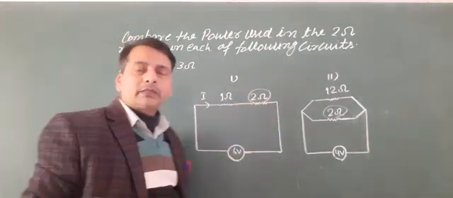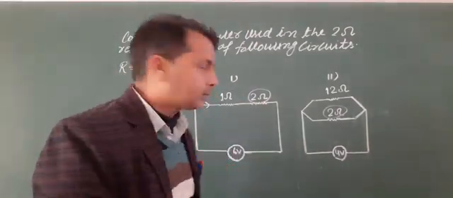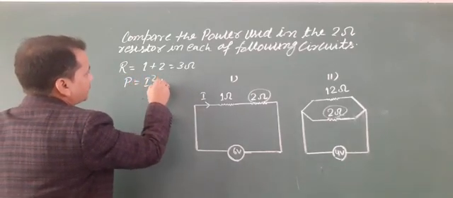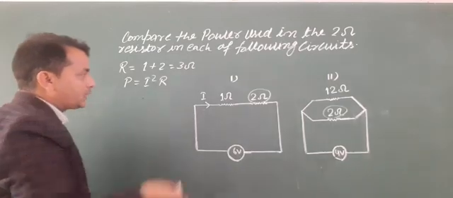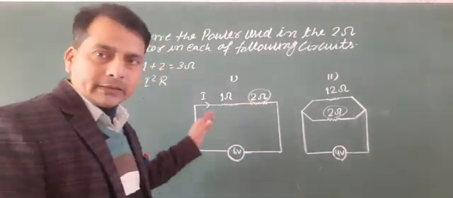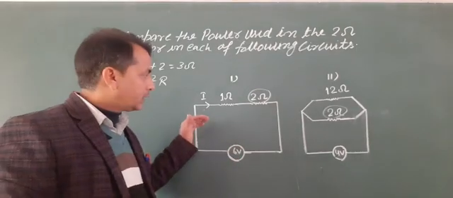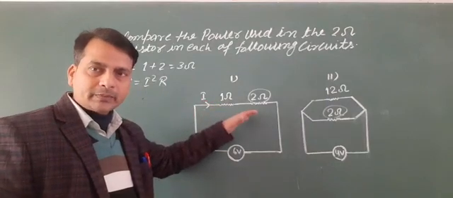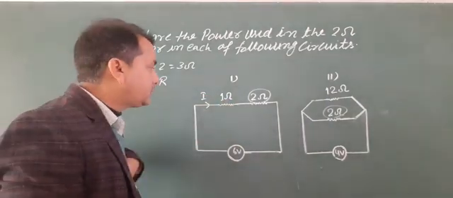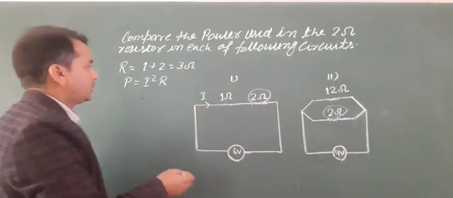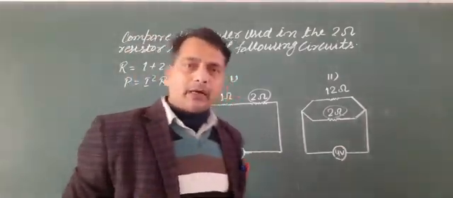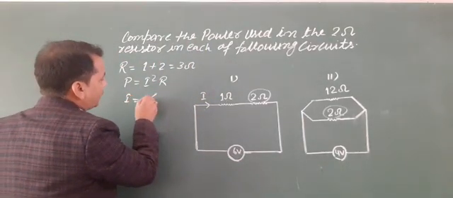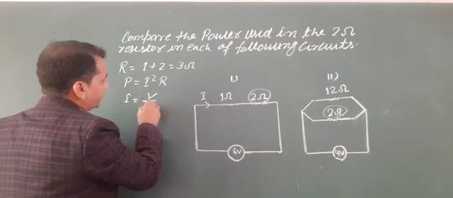The formula for power, we know, is P equal to I square R. Now we calculate what electric current flows through the 2 ohm resistor. The 1 ohm and 2 ohm are in series combination, so the current will be the same in each resistor. According to Ohm's law, I equal to V by R.